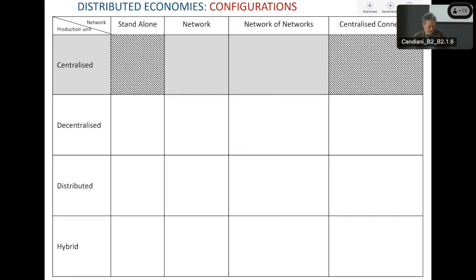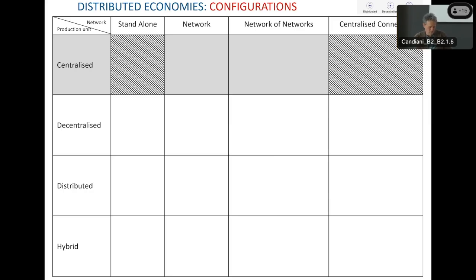It's not really our core interest, but we put it anyhow there. Decentralized, distributed, and then hybrid production unit. And then we see if we have a network, if they are networking, if they are sharing goods and services or resources and so on.